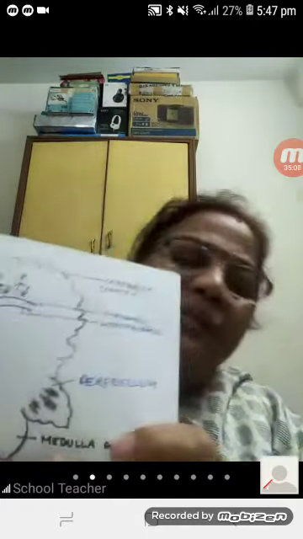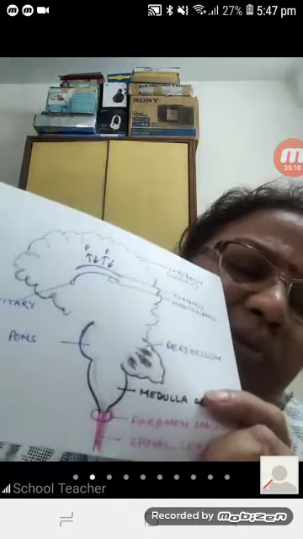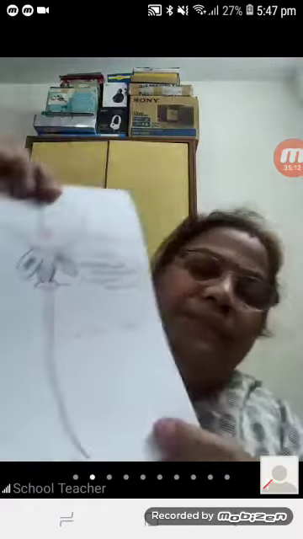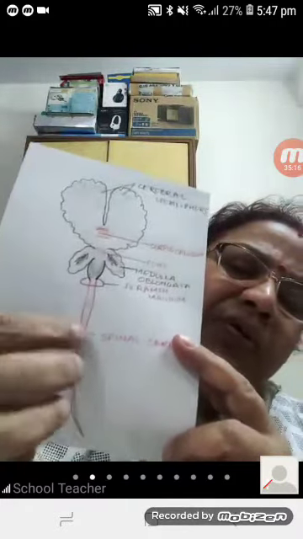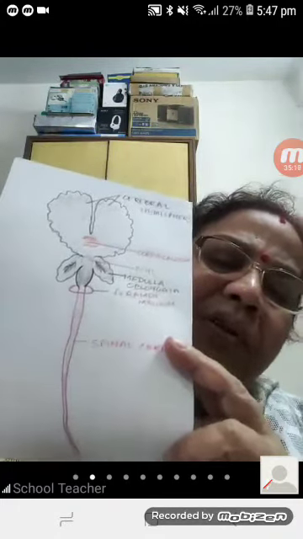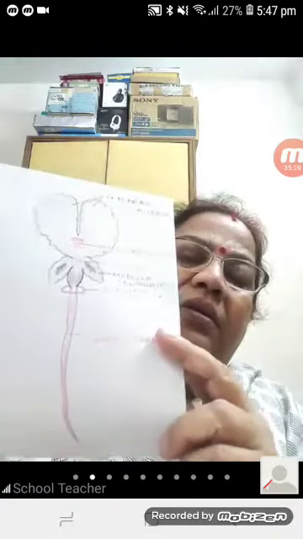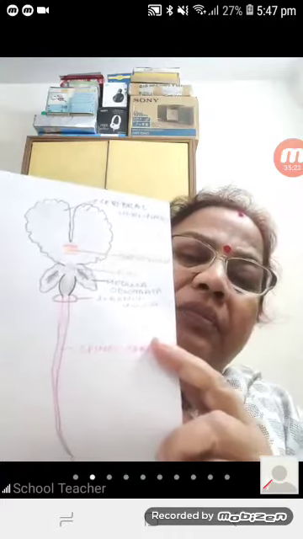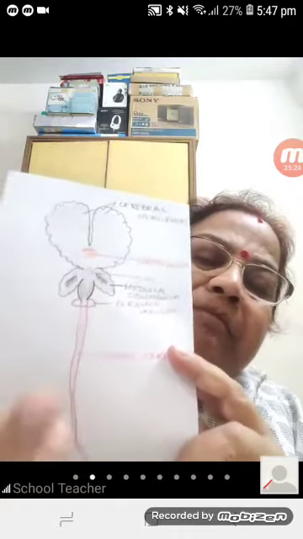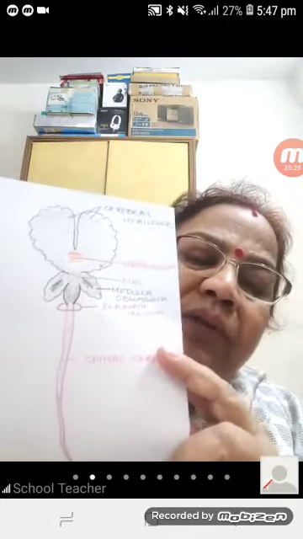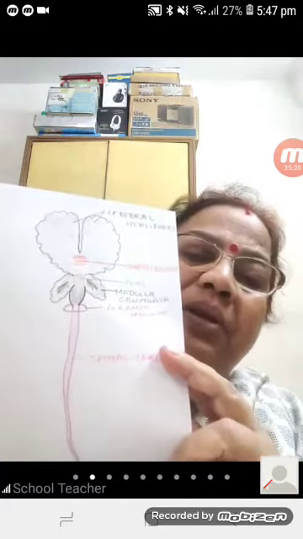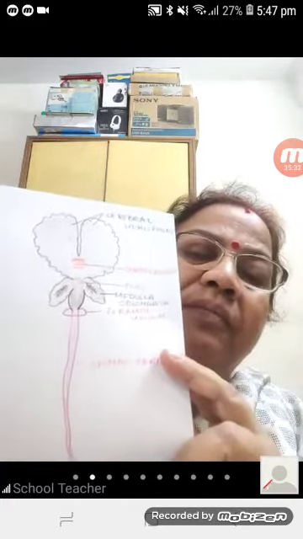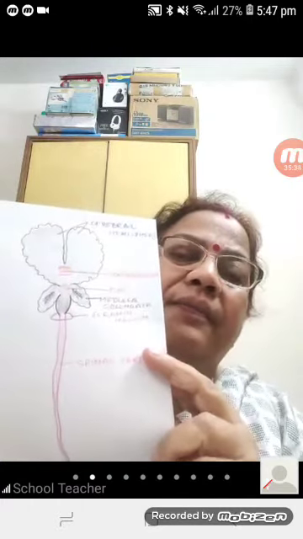From this, spinal cord emerges out, and it is a tapering structure passing through the neural canal of the vertebral column. And here, the gray and white matter reverses. Gray matter becomes central and white matter becomes peripheral.